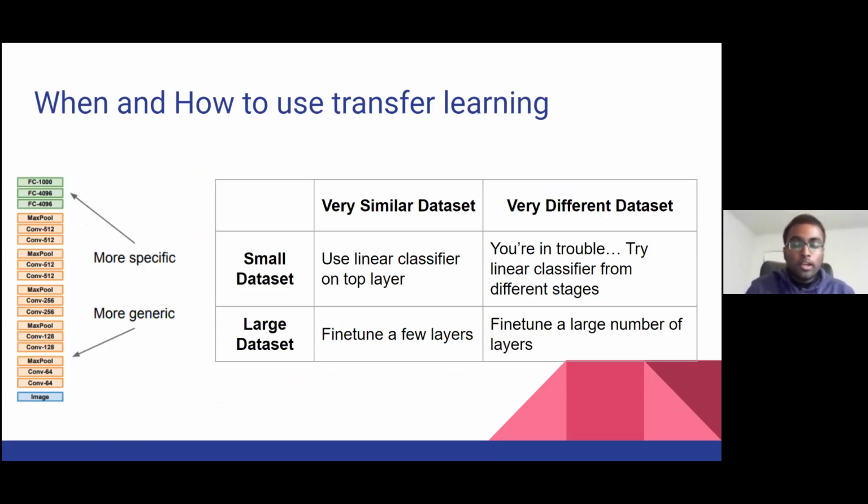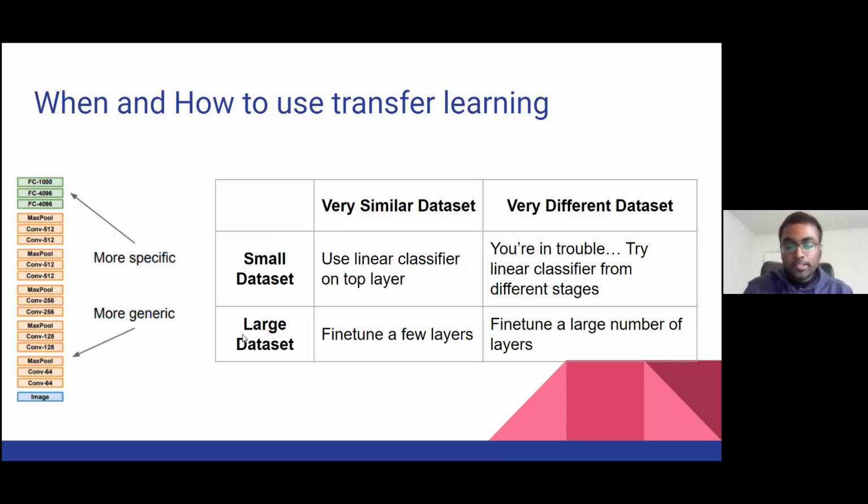So, when and how to use transfer learning. This is a good summary of when and how to use transfer learning. Whenever we have a source domain and a target task, we look at the target data set, small or large.